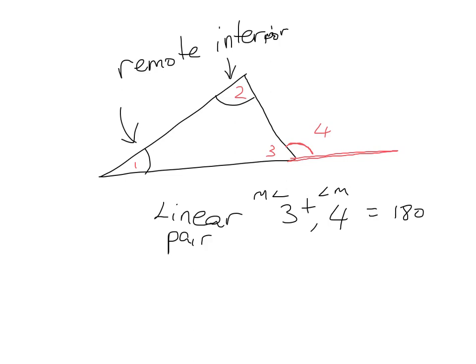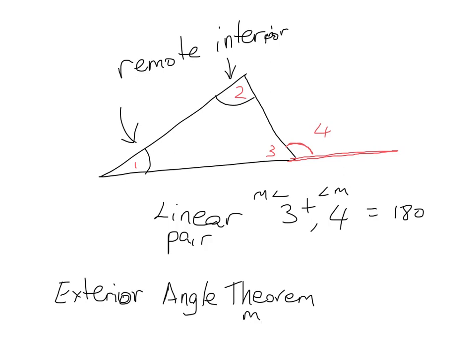Now, the thing that you need to know about the remote interior angles and the exterior angle is called the exterior angle theorem. And that states, let's write that down first, the exterior angle theorem. And that states that the measure of angle 4 is going to be equal to the measure of angle 1 plus the measure of angle 2 put together.